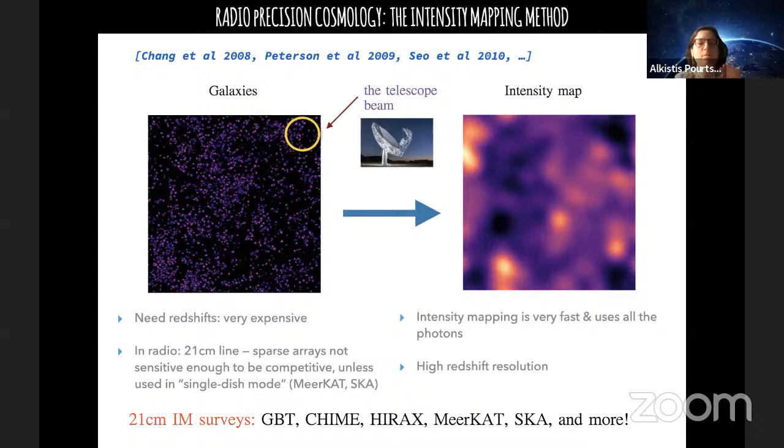So literally use them as a collection of single dishes that can scan the sky very fast, and use intensity mapping: take the integrated flux, all the photons from many galaxies together, in large three-dimensional pixels on the sky. Then you have a map, and you have lost some of your angular resolution, but you still have excellent redshift resolution, and you retain the large scales you need to do cosmology.